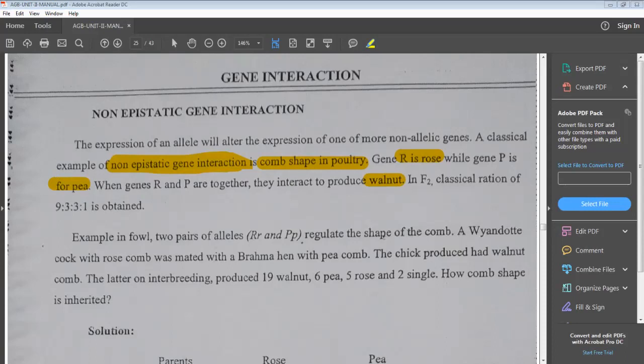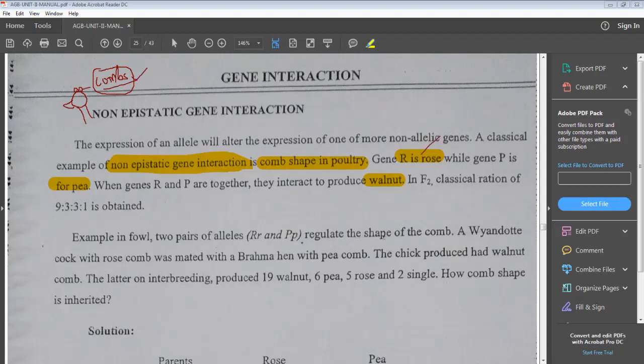This is the face of a bird, and above that they have different kinds of combs. These combs are seen because of these particular genes and their interactions.